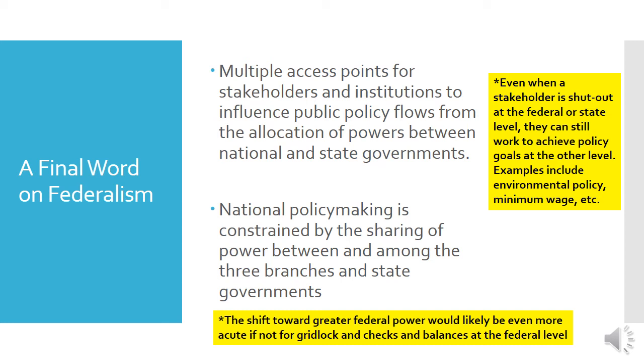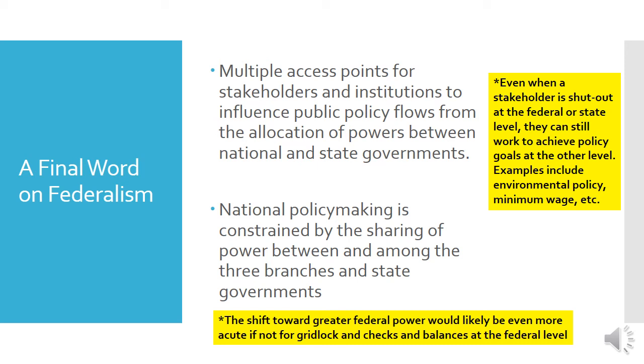So before, we talked about that in terms of the national level, where you have different institutions where you can access the policymaking process, either through the courts or the Congress or the executive branch. Here we're talking about another example of how you have different options to try to get your policies enacted, but we're talking about the state and then federal level.